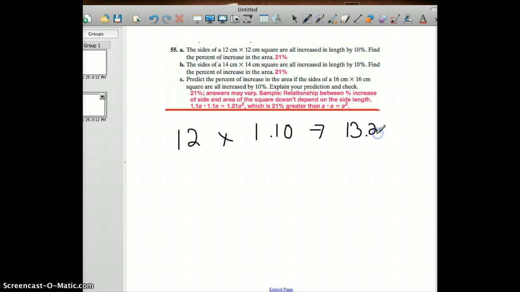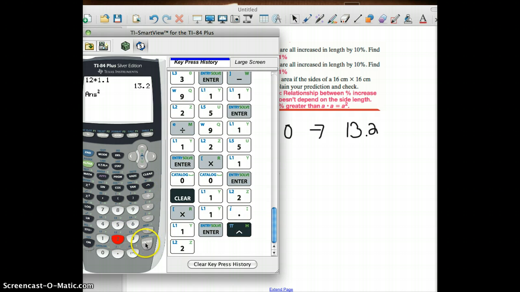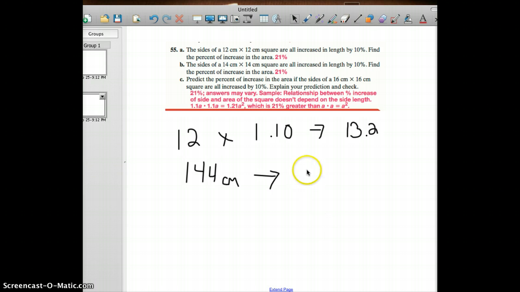So now we had a 12 by 12, okay, which is 144 square centimeters, and then we take the 13.2 and we square that, and we're left with 174.24.